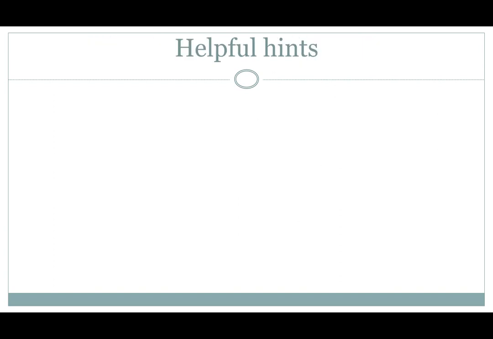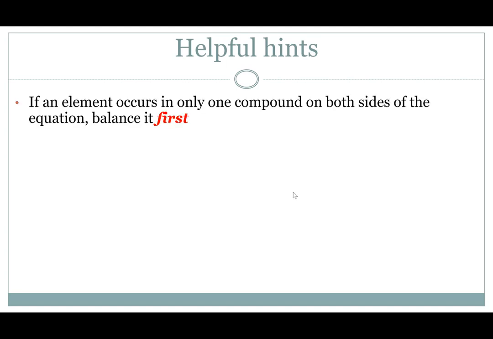Okay. So some helpful hints as you're working through balancing chemical equations. Again, this is something that you're going to be asked to do, and the only way to get good at them is practice, practice, practice. So helpful hints here. If an element occurs in only 1 compound on both sides of the equation, balance that first.